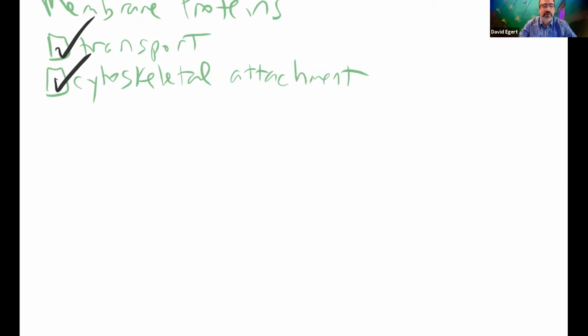More functions of membrane proteins. Is this cell ID? Yeah, definitely. Cell identification. We're going to talk about this in much more detail when we get to the immune system, but your body needs to have a way to know if a cell belongs to be part of you or if it's some invader.